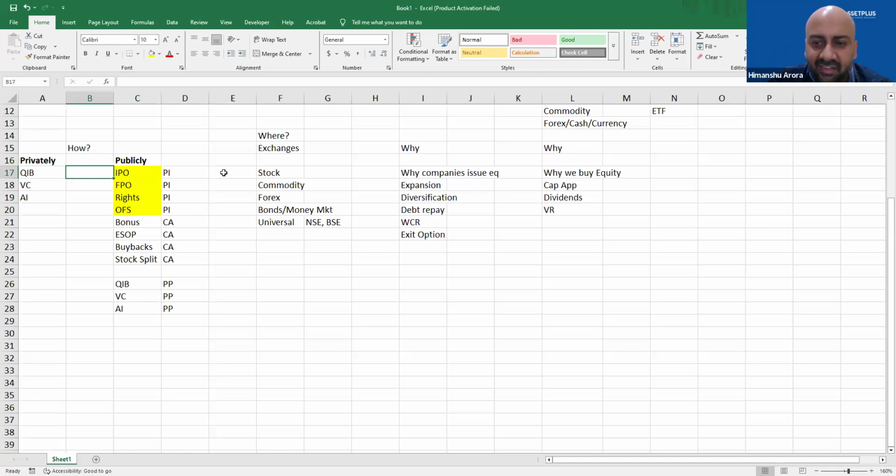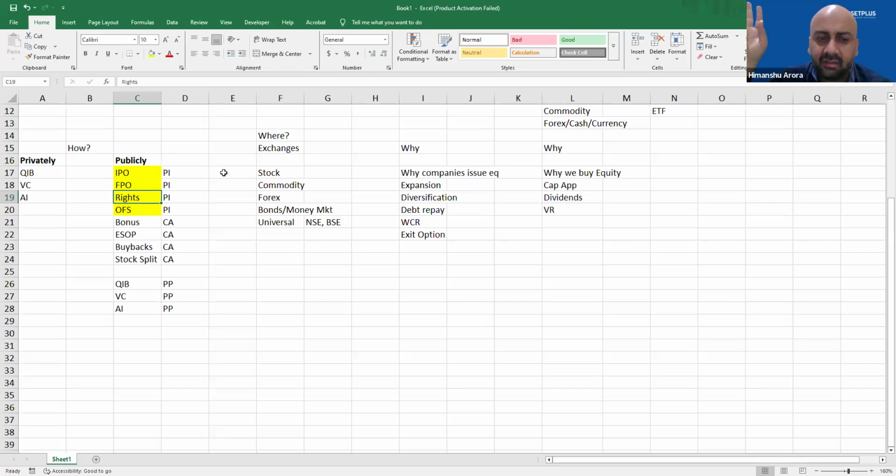Whenever an already listed entity does so, it is called FPO. Whenever a listed entity issues shares only to the existing shareholders, it is called rights issue.